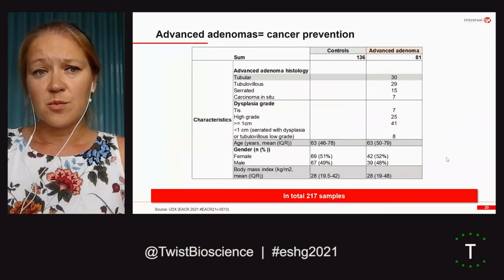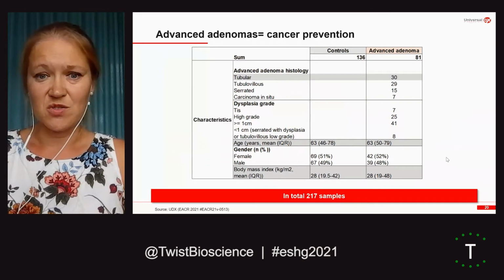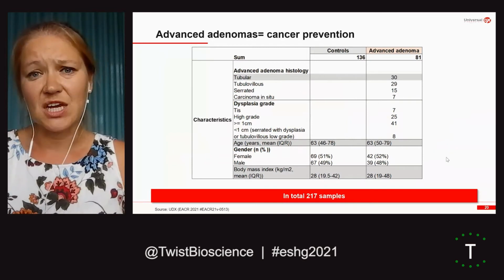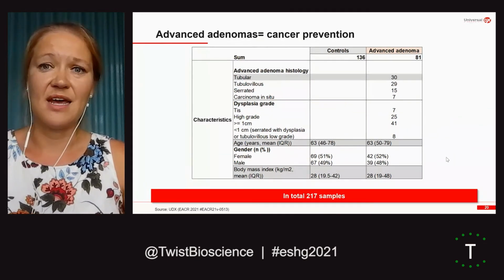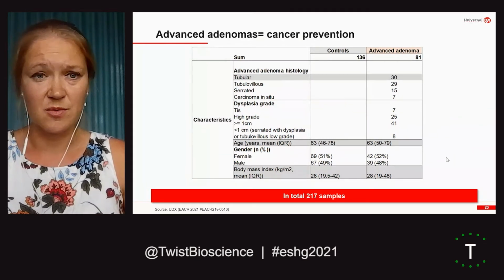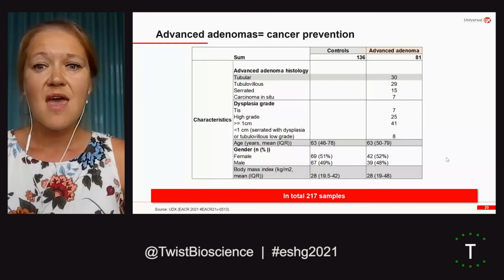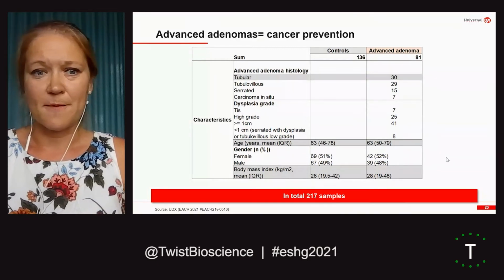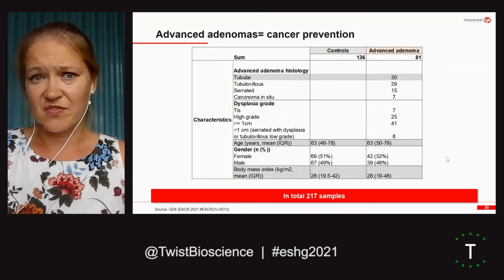So going further from colorectal cancer, we have also had a study on advanced adenomas where we were checking control patients, 136 control patients, and then advanced adenoma patients from different histological subtypes as well as dysplasia grades, dividing this into a cross-validation setting.